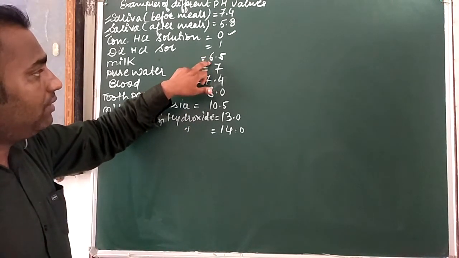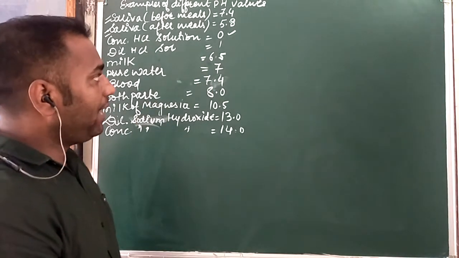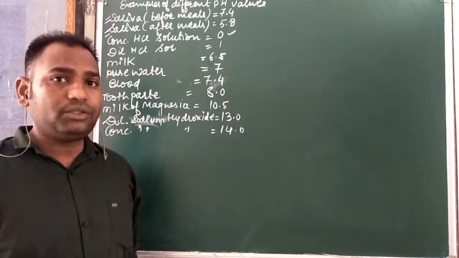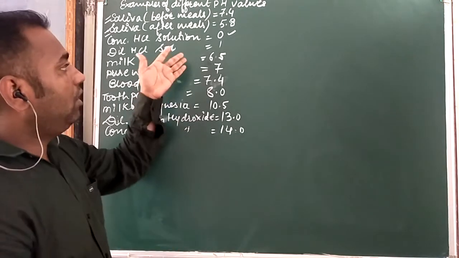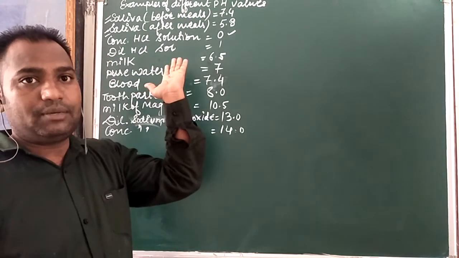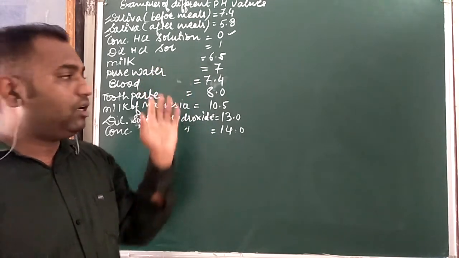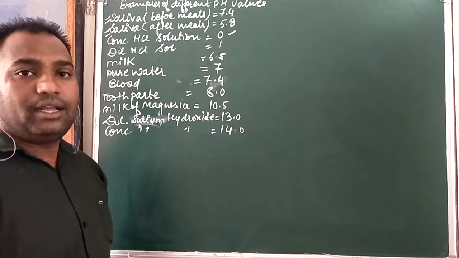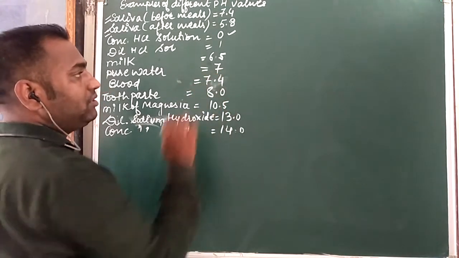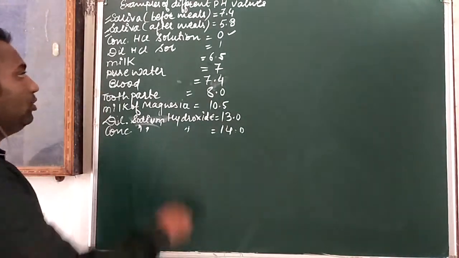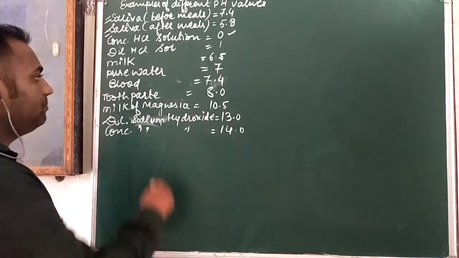Due to that it shows 6.5, and that's why the milkman sometimes adds some baking soda to the milk to decrease the acidic character of this milk and keep the pH at an optimum of 7. And now pure water, meaning distilled water, has 7, and blood has 7.4 pH.